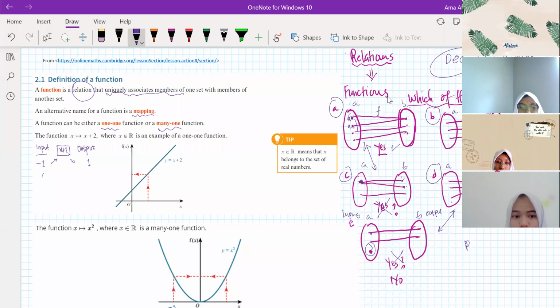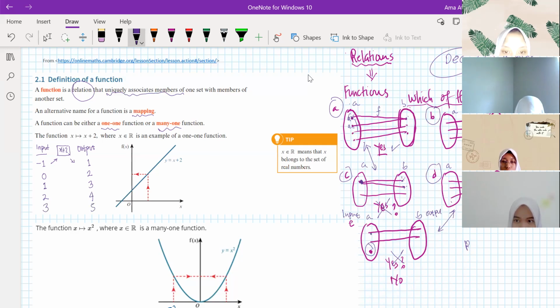If I give 0, it will give me 2. If I give 1, then it comes out as 3. If it is 2, 4. If it is 3, 5.